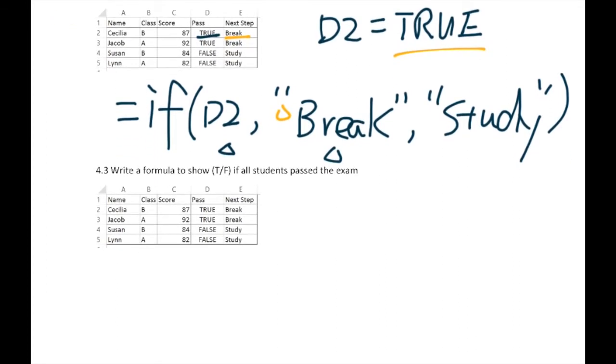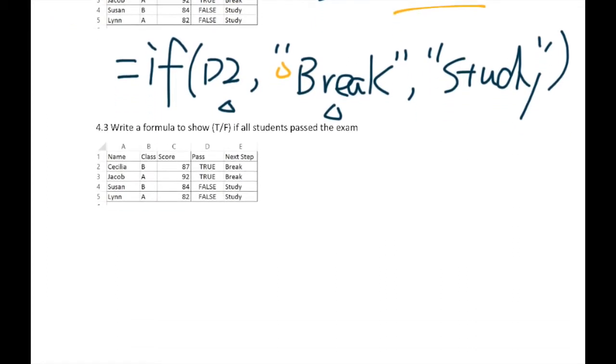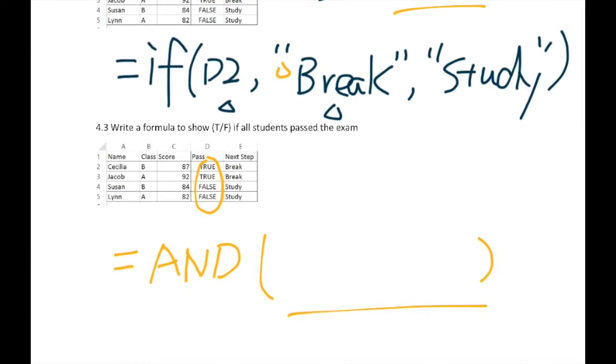Okay, and then let's work on 4.3. Write a formula to show true or false if all students pass the exam. If you want to know all the students pass the exam, which means all of these should be true, here we should use the AND function, because AND function means everything inside of the AND should be true, then the AND would return true.